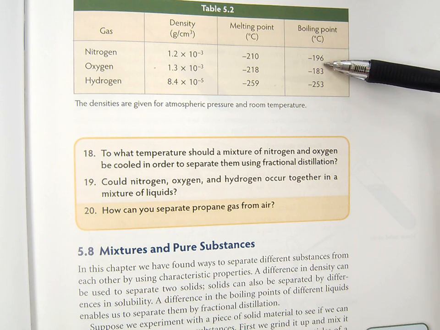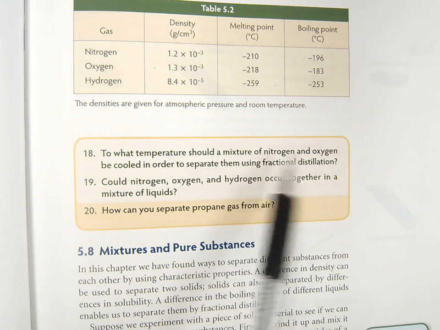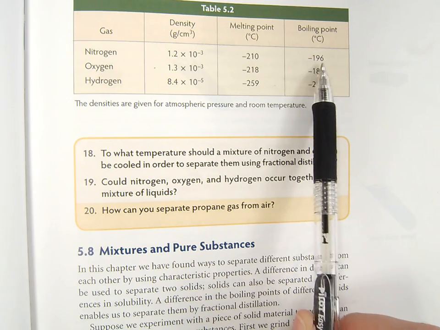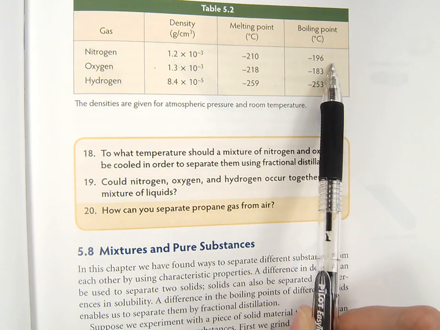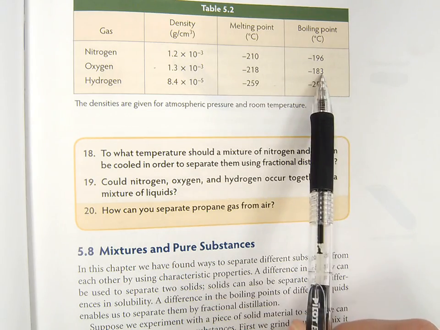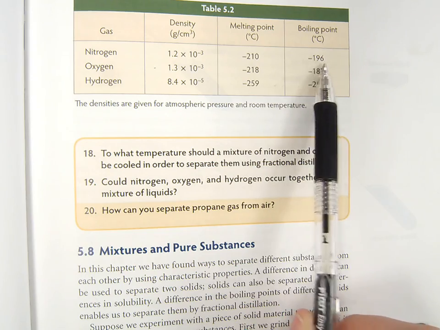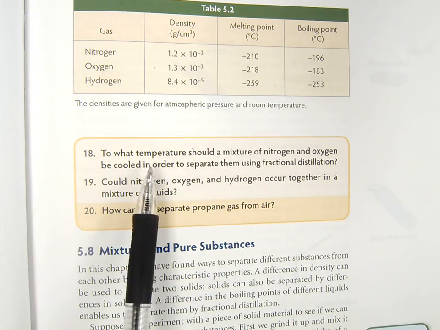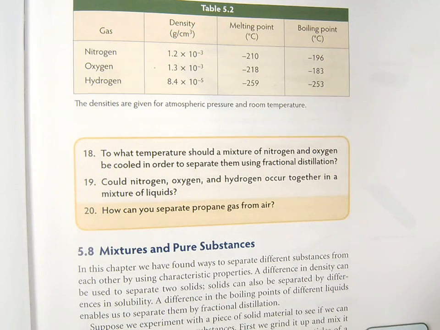In order to liquefy the two gases, we have to cool them down to the point where they will condense, which is this point right here. So we have to cool down this mixture of nitrogen and oxygen to at least negative 196 Celsius in order for that mixture of gases to turn into a liquid. So at least negative 196 Celsius or more than that is the temperature that we need to cool it down to in order to then fractionally distill it.